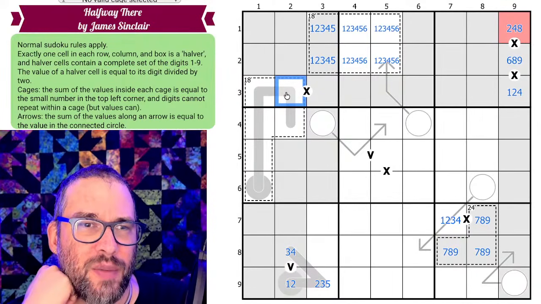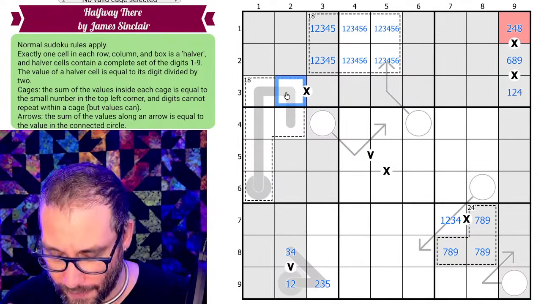Why would it necessarily be X? Oh, because both, got it.